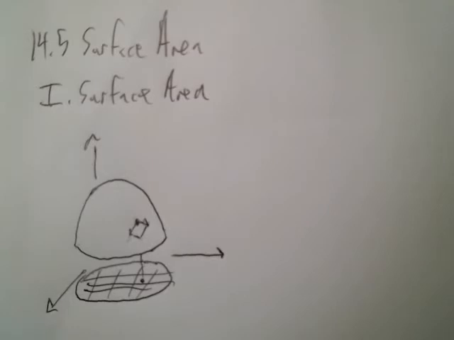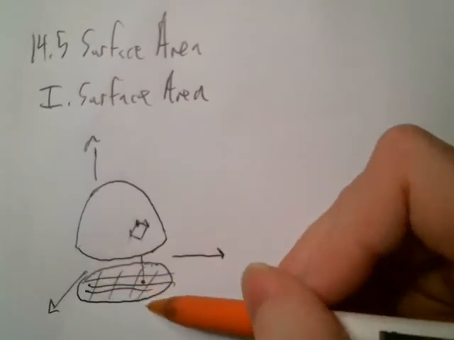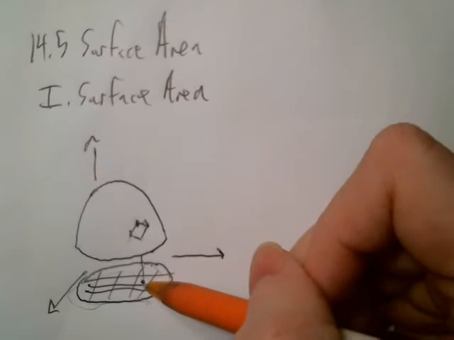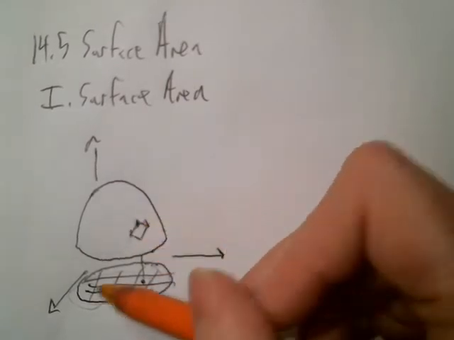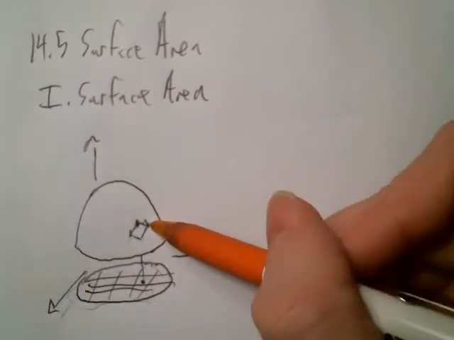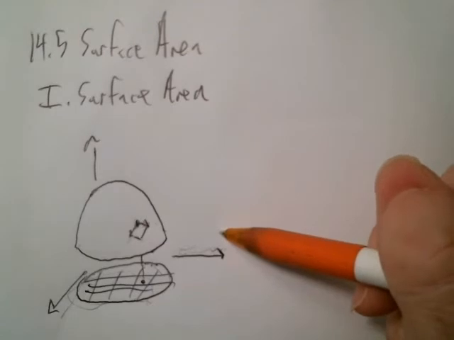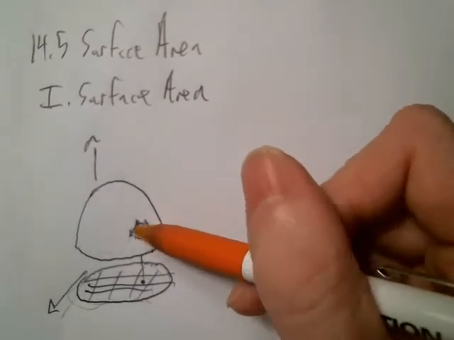Given any point in this region down here, the circular region, we'll be able to determine a vector going in the direction of the x-axis and then a vector going in the direction of the y-axis, having a small magnitude.